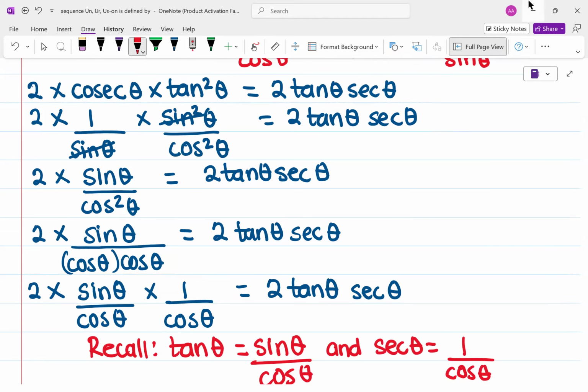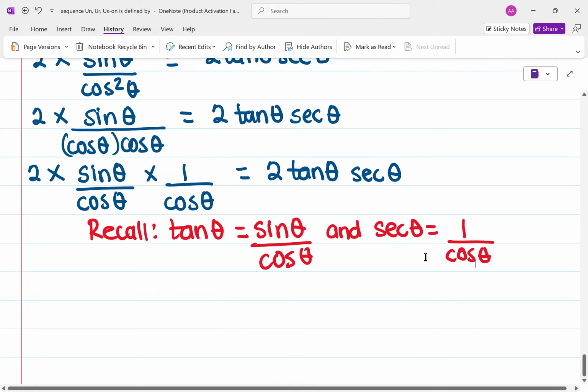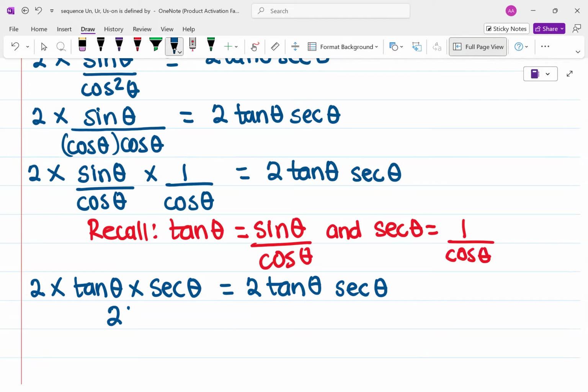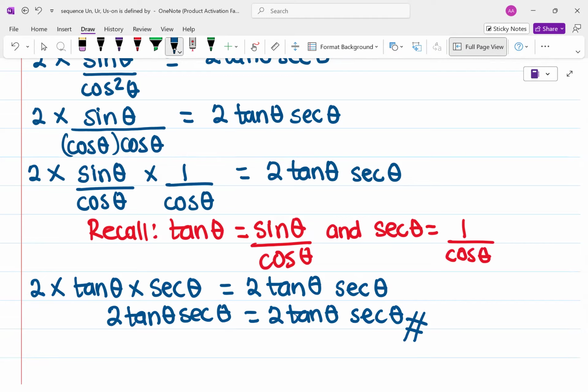If I substitute that into the left-hand side, my equation becomes 2 times tan theta times sec theta equals 2 tan theta sec theta. So I have 2 tan theta sec theta equals 2 tan theta sec theta. So I have been able to prove that what we have on the left-hand side is what we have on the right-hand side. That's for A.